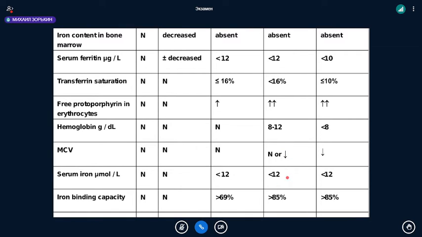Serum iron will not increase right till the end unless iron supplements are given. Total iron binding capacity will be increased higher.